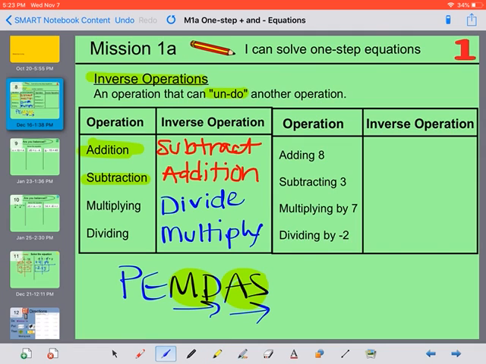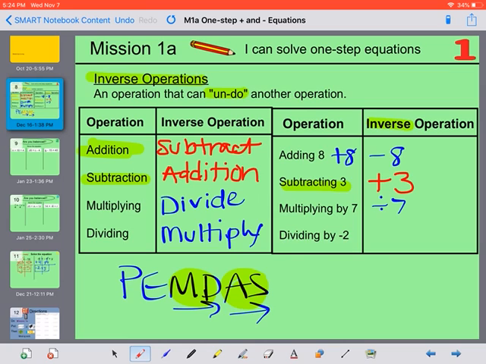So if I gave you the operation of adding 8, the inverse would be subtracting 8. If we were subtracting 3, the inverse would be adding 3. The inverse of multiplying by 7 would be dividing by 7.